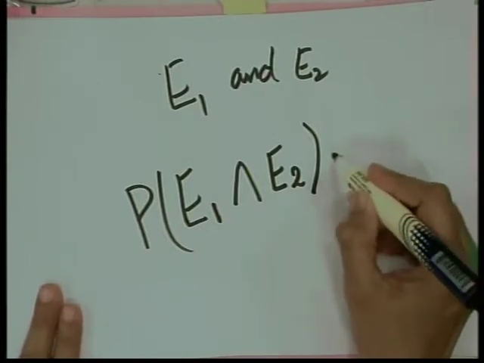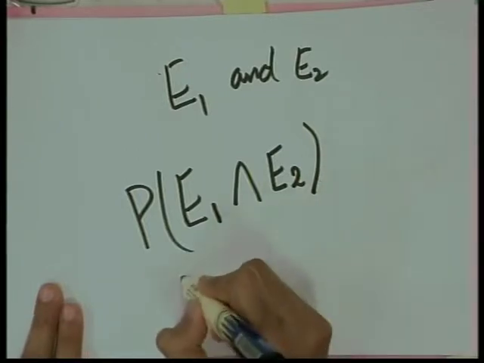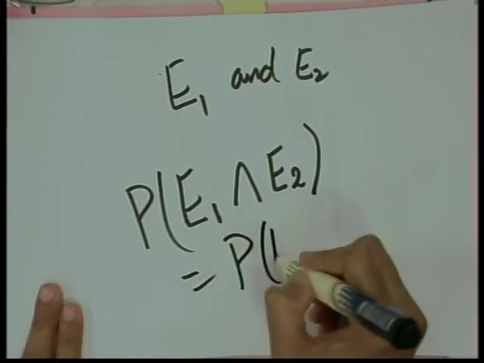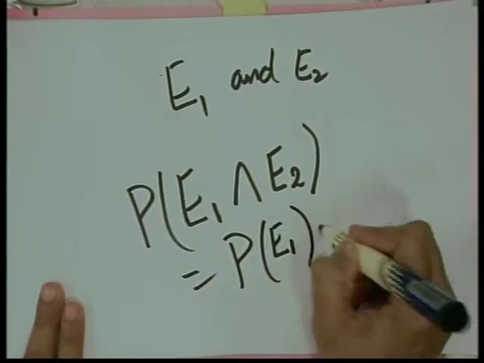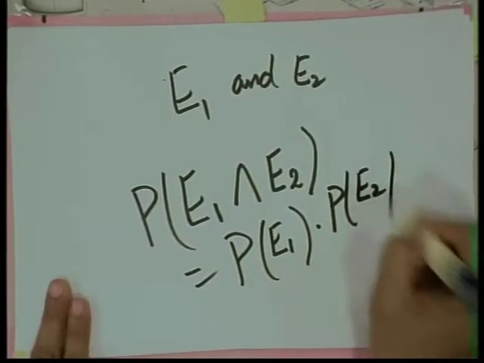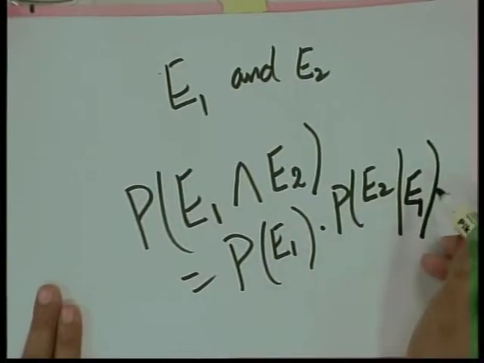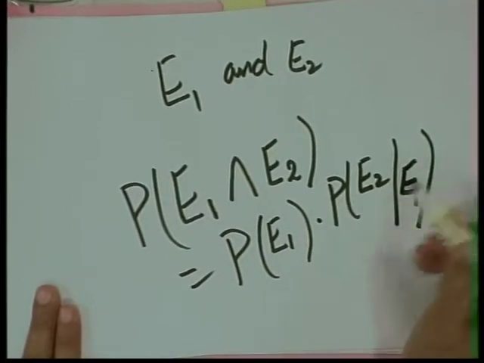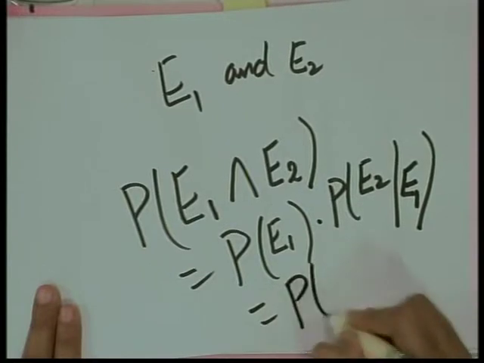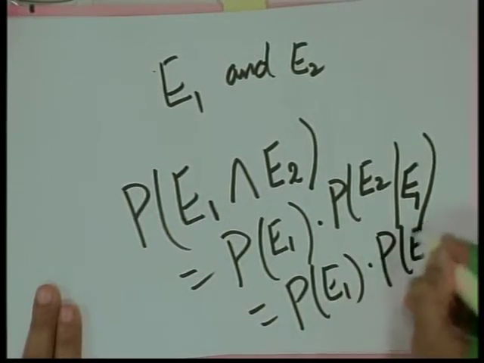So, probability of E1 intersection E2 is equal to probability of E1, and then, having known the probability of E1, the probability of E2 given E1. This is how you are going to find it. If E2 and E1 are independent, this simply becomes probability of E1 multiplied by probability of E2.